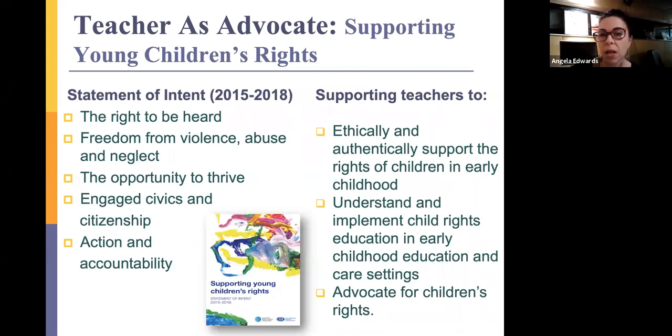So really supporting young children's rights, which was very much a part of the statement of intent developed by Early Childhood Australia in conjunction with the Australian Human Rights Commission, 2015 to 2018. It highlighted 5 key themes as a guide to how early childhood education and care professionals can actively advocate for children's rights.